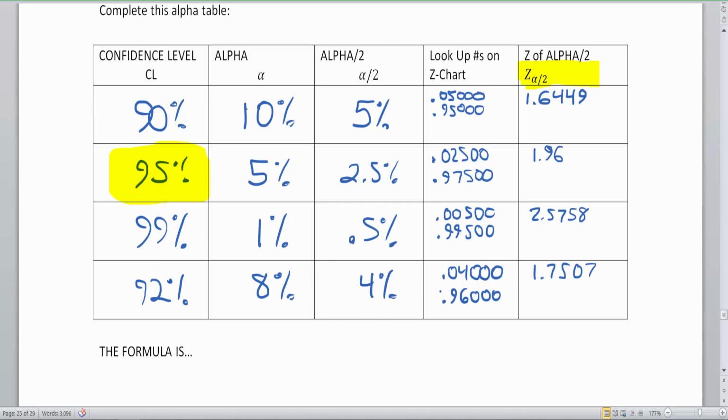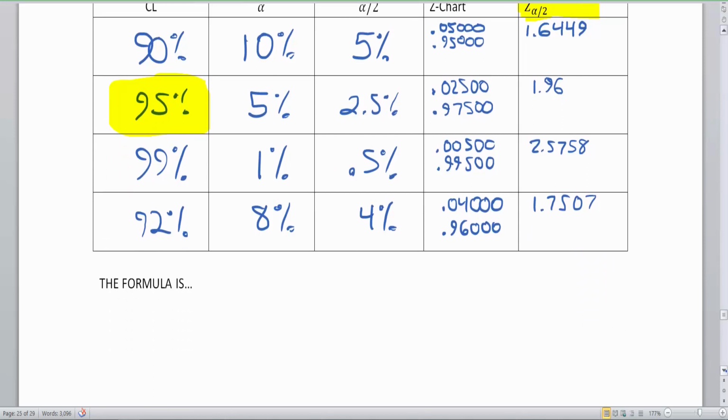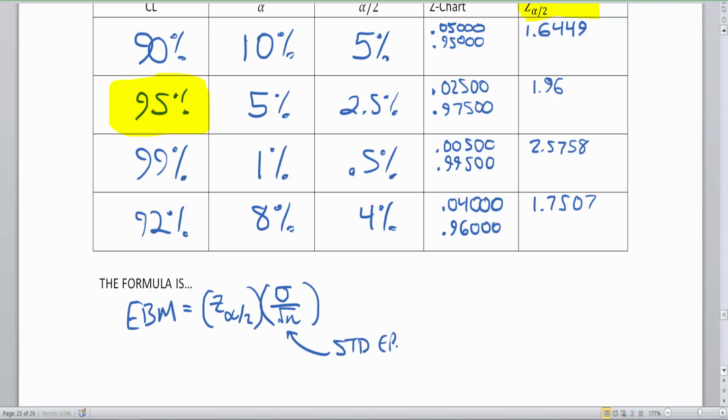Now in the next video, we are going to get to use the formula, because the formula for our EBM is our Z alpha divided by 2, so these values in the last column, times the standard deviation divided by the square root of the sample size. Oh, check it out. Look, it's our good friend from the central limit theorem. It's the standard error of the mean.